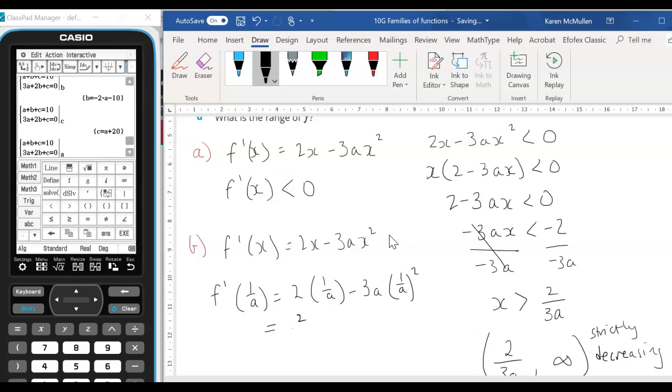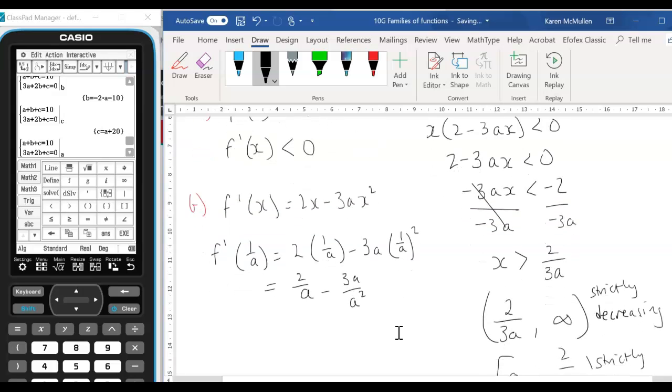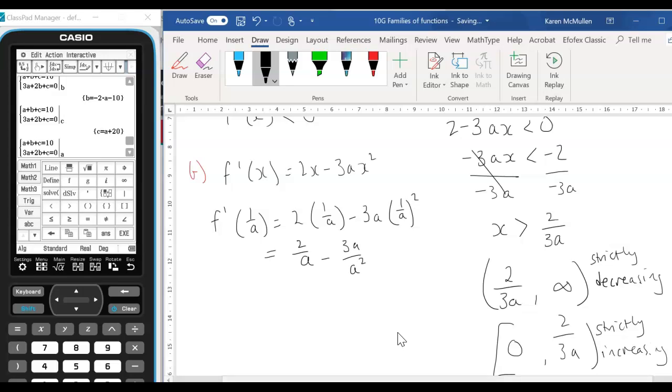All right, so we've got 2 on a minus 3a on a squared. We can just simplify that a little bit. So 2 over a, minus 3 over a. So we're going to have 2 minus 3 on a, which is going to be negative 1 on a.